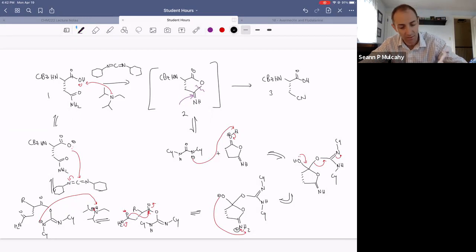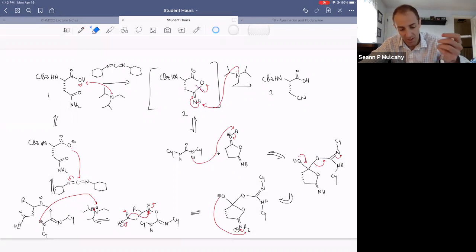Well, we can do that using diisopropylethylamine again, because this is a base. So what we can do is a dehydration: remove that proton, electrons from the nitrogen-hydrogen bond move down to form a carbon-nitrogen triple bond. This leaves as a good leaving group, O minus.